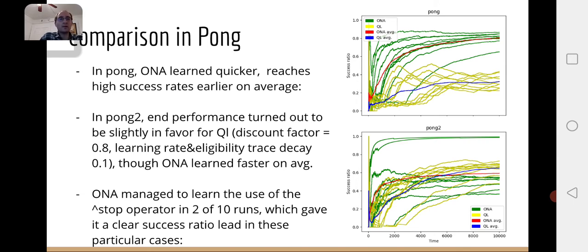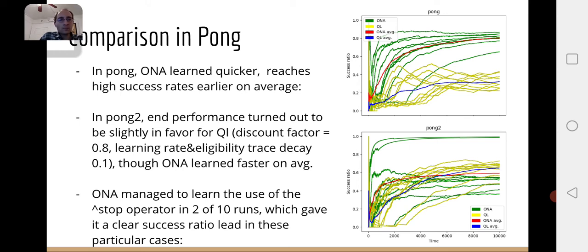You could change code, you could change parameters, but this I don't allow. I want one system which is able to adapt to different domains. And interestingly, the reinforcement learning approach was not really compatible with this idea, even though it didn't work very badly. But we see that ONA, at least the learning speed is quicker, even though the end performance is often comparable.